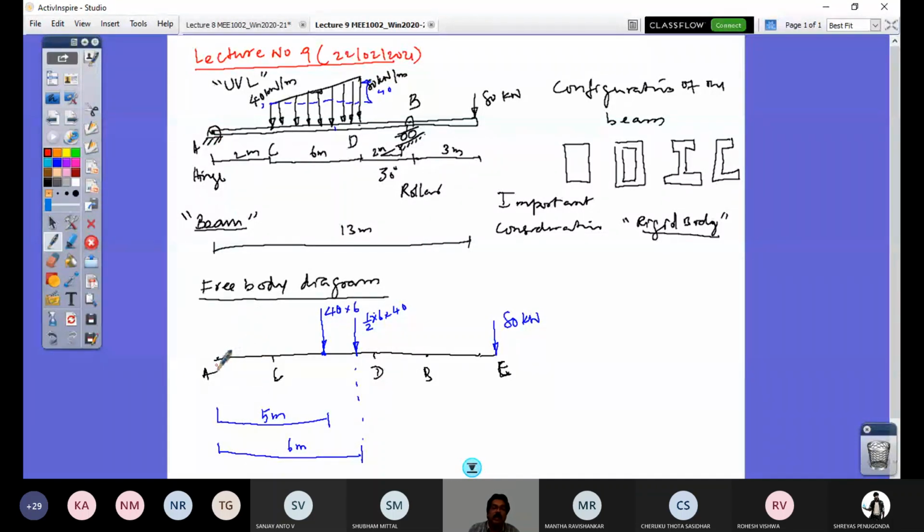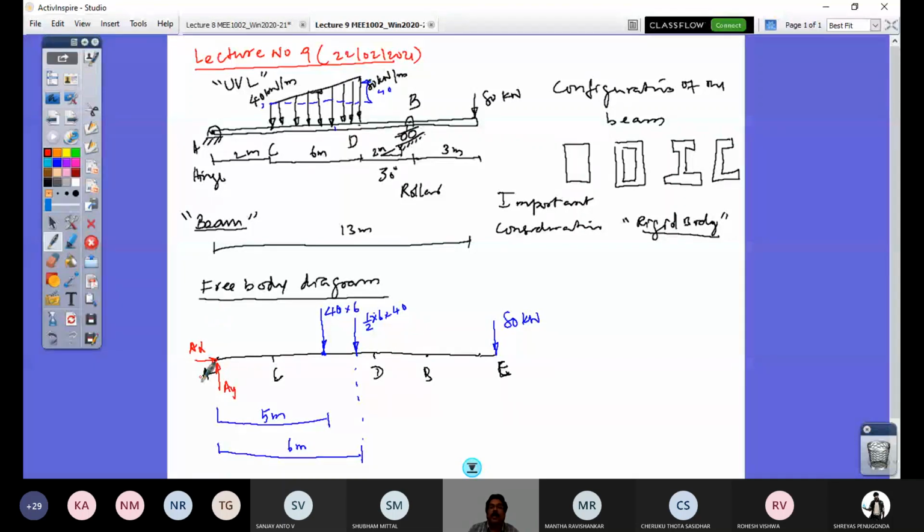So I would have these translational hinge reactions as the components of the reaction in vertical direction given by AY and in horizontal direction given by AX. So this is the representation of reaction RA by the components at point A. There is no reaction moment as this is a hinge. If it is a cantilever, then I will have a reaction moment also, that you have seen in the last class. In this case, it is not so.